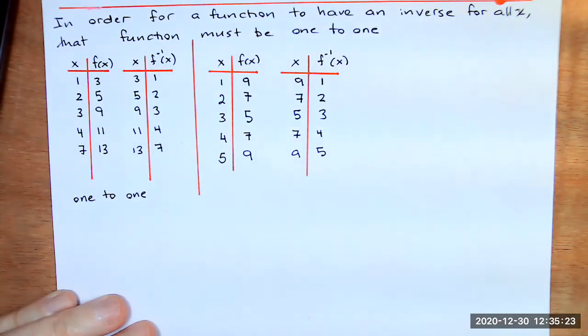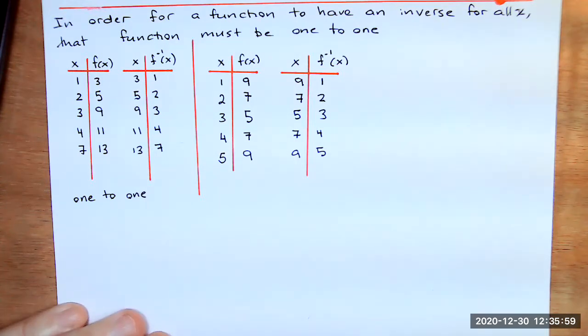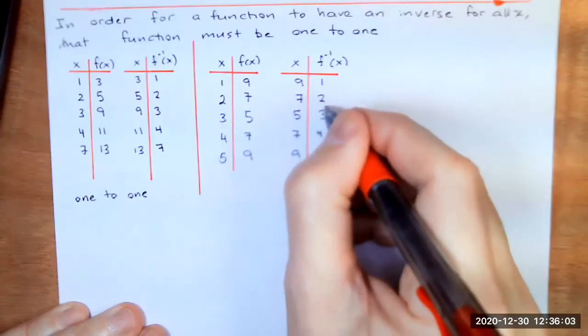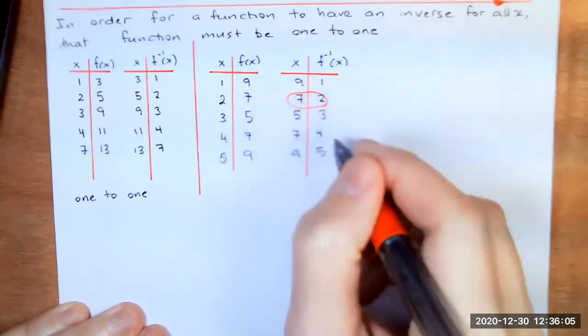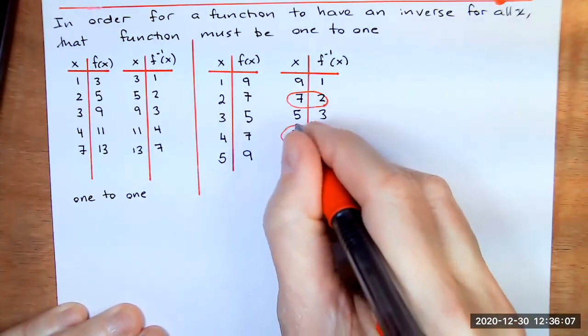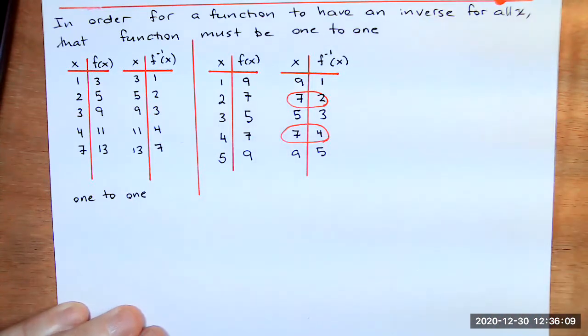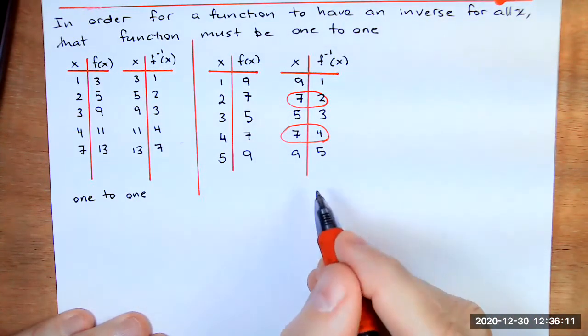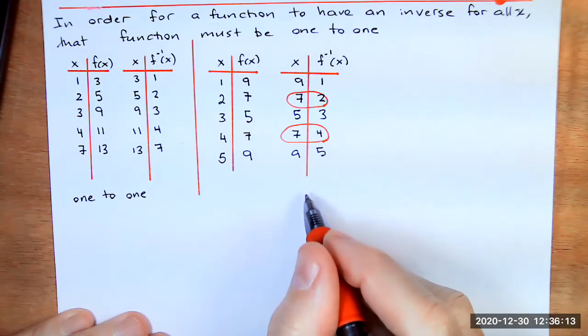And you can see that this is not a function because sometimes 7 is 2 and sometimes 7 is 4. So the inverse is not a function.